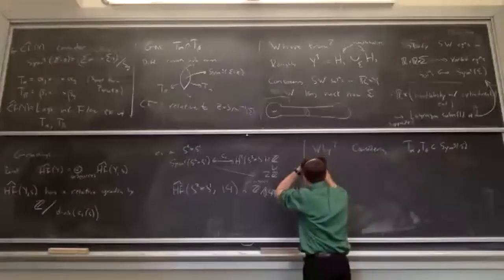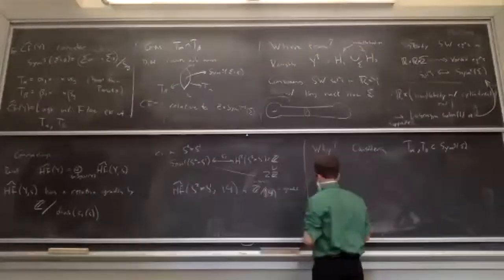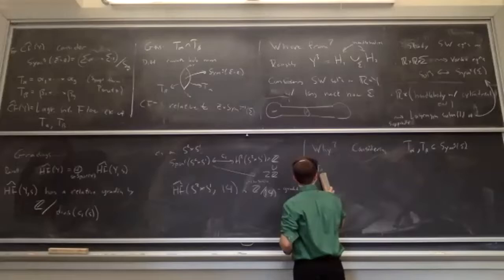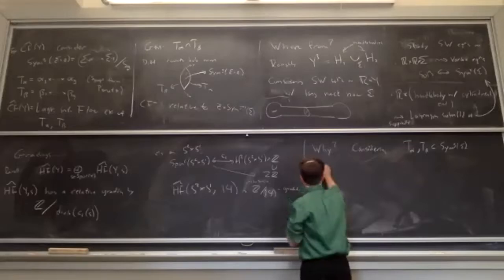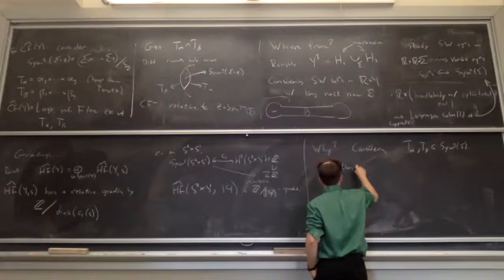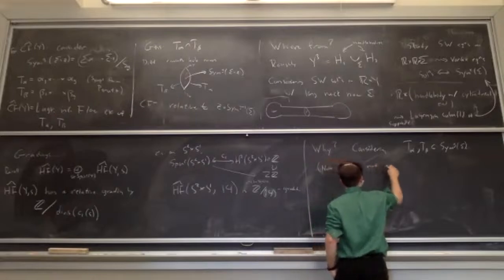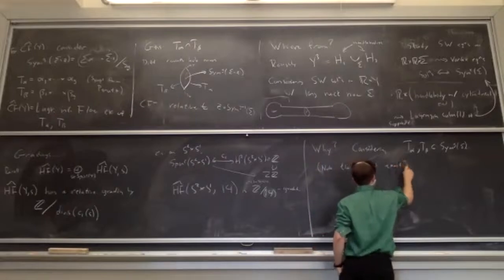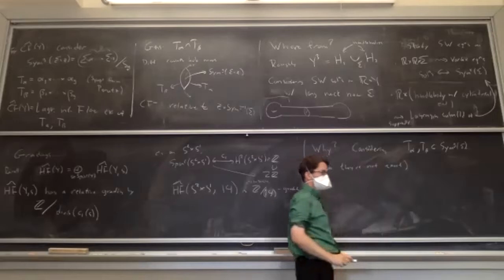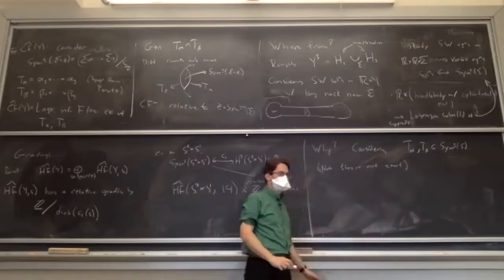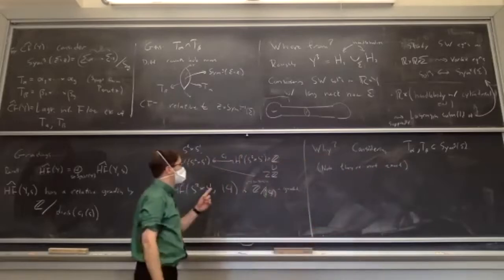And note, they're not exact. I mean, Sym^g Sigma isn't even exact; the symplectic form is not exact there anyway. So how could they be exact?